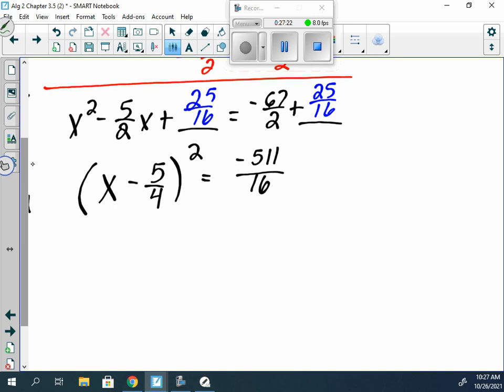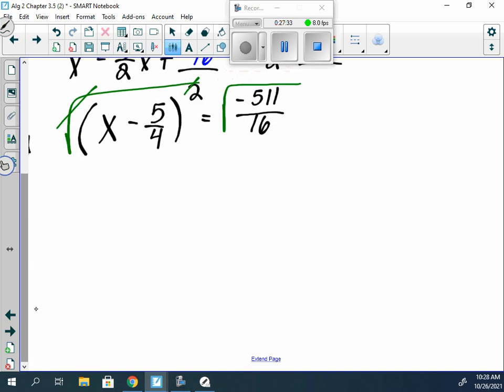Now, our next step would be the square root of both sides. Here the square root and square would cancel out, leaving us with x is equal to, well, I'll go on and write it out, because normally I would do this off to the side.